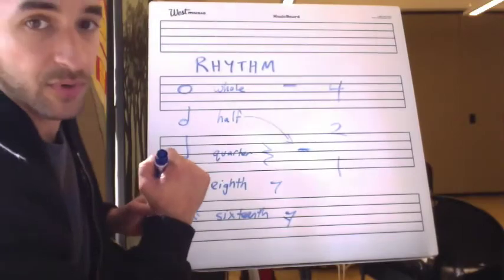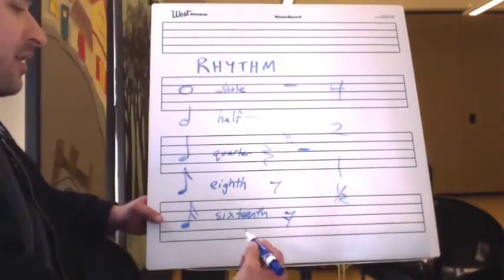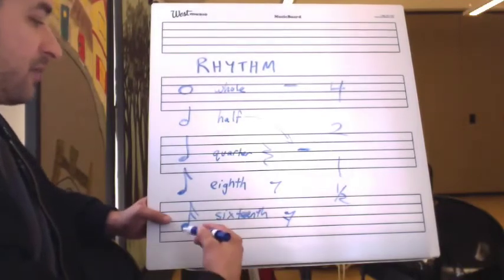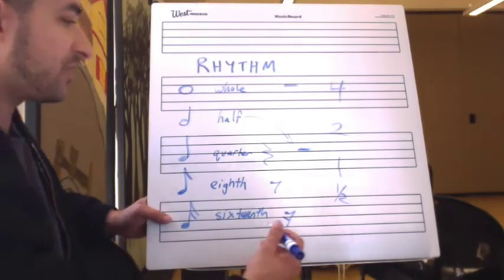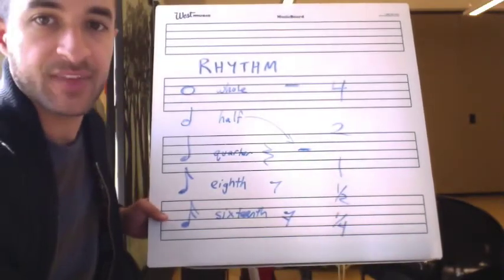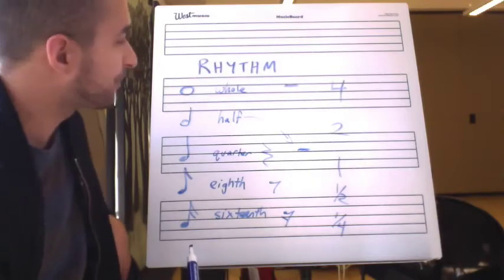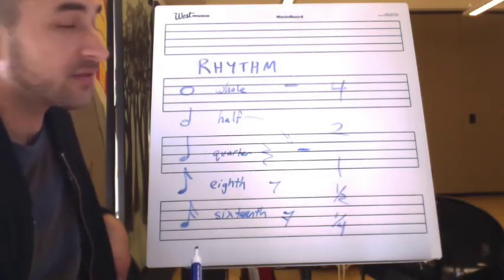Quarter note worth 1 beat. The 8th rest worth a half of a beat. An 8th note worth a half of a beat. The 16th note or rest worth 1/4 of a beat. Take a second, make sure that you understand everything that's written here, and then we'll go on.